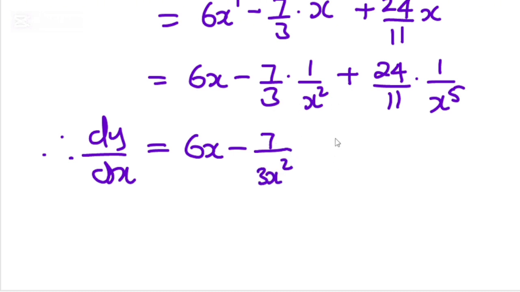Then positive 24 times 1 is positive 24 over 11 times x to the 5th power is 11x to the 5th power. So this is the derivative.